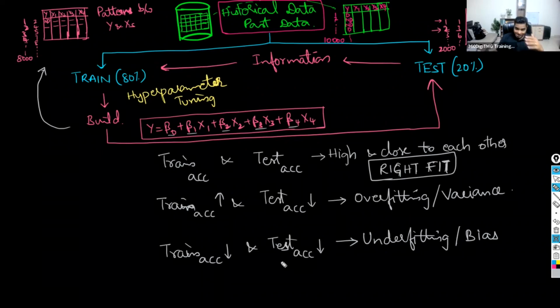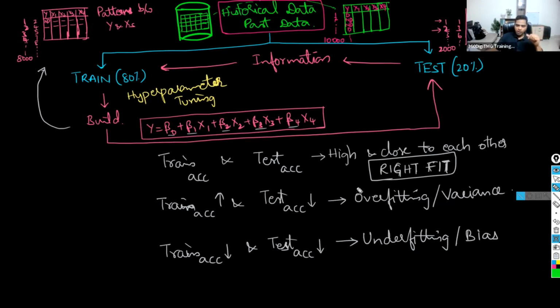Until and unless the person seated before you or adjacent to you has really done well, you would not know that, right? So given this context, that scenario of training accuracy less and test accuracy high doesn't exist. So we can straight away rule that out.